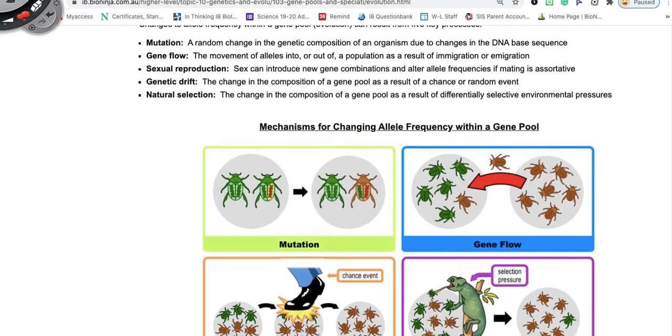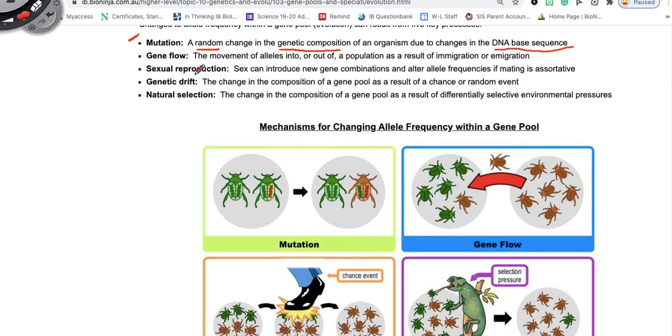The first one is mutation. Remember that mutations are random. Mutations can happen randomly, and then that organism's genetic composition changes. This happens because there is some type of base sequence change in that organism.